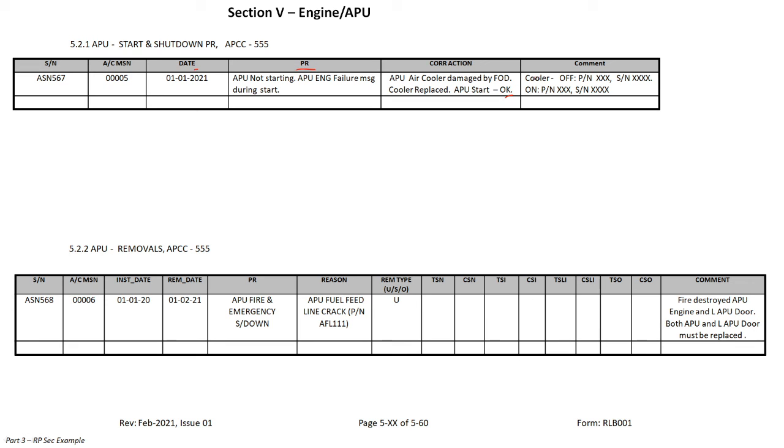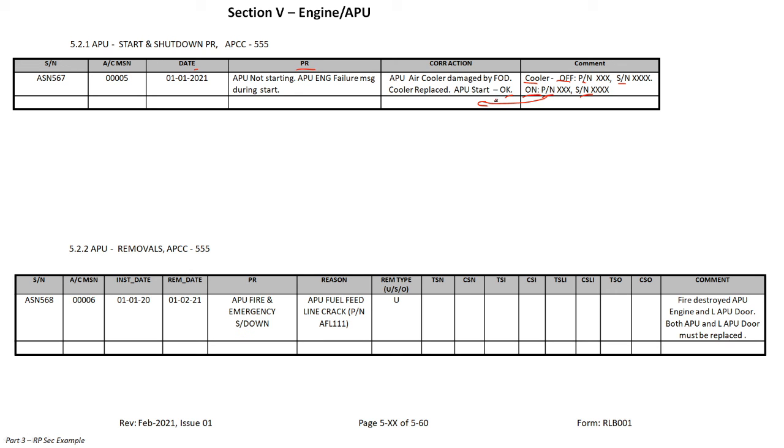Comments: I include removed part information, which is the cooler part number, serial number, and new part installation information. Off means removed part, on means a new part installed. So off, or removed LRU part number, serial number; on, or installed new LRU part number, serial number. Could we include these items under corrective action?